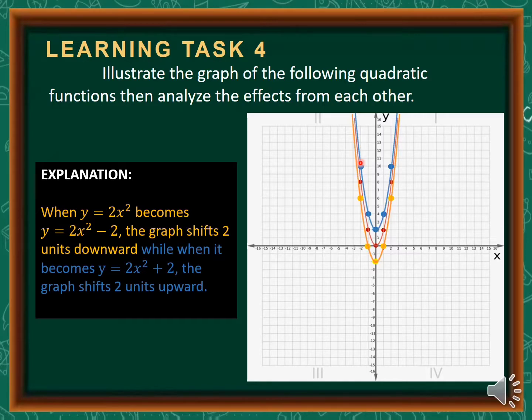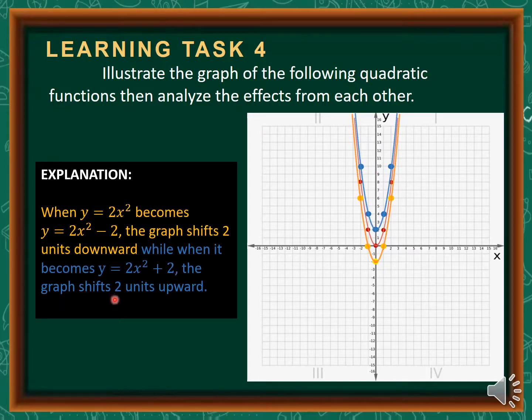So, in my explanation here, I wrote that it refers to the original, our parent equation, that is y is equal to 2x squared. When it becomes y is equal to 2x squared plus 2, or k was added, the graph shifts 2 units upward.